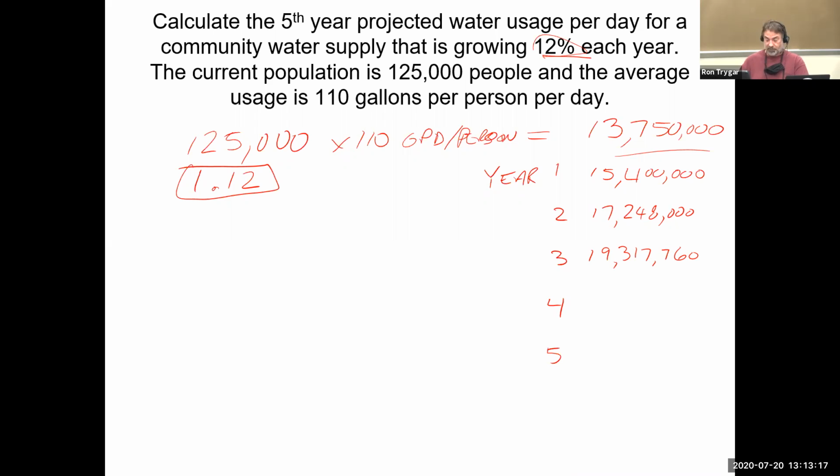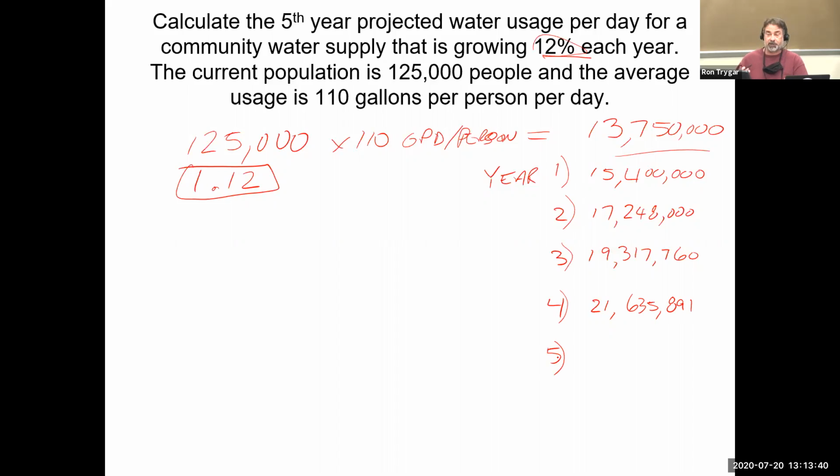Now, for year number 4, multiply times 1.12, and we've got a flow rate of 21,635,891 gallons per day. Let me make sure that there are good separations between these numbers so we're not confused.